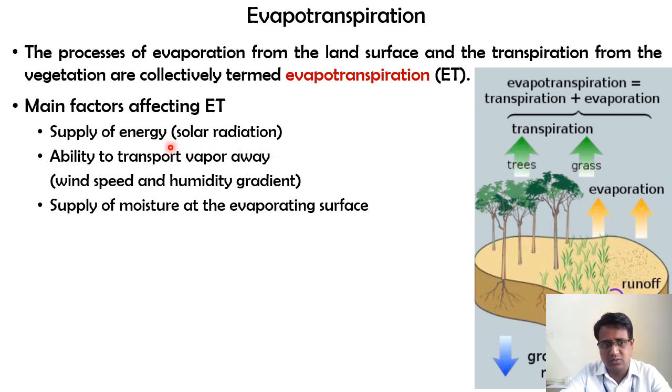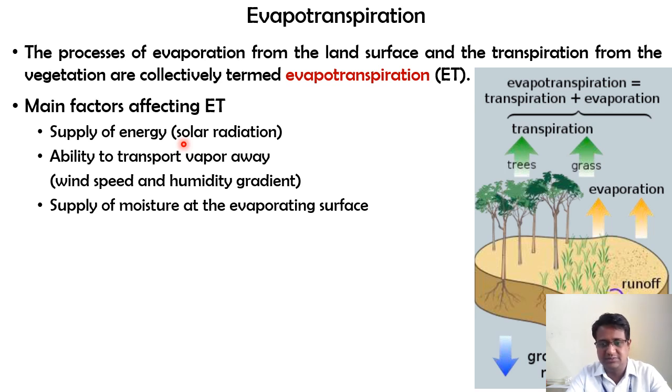Even for evaporation we had the same solar radiation concept, where we explained how solar radiation affects the evaporation process. Similarly here, as and when the solar energy is there, only then are the plants going to utilize that solar energy to produce their food. Based on that, the water present in the tree will be taken out through the stomata of the leaves.